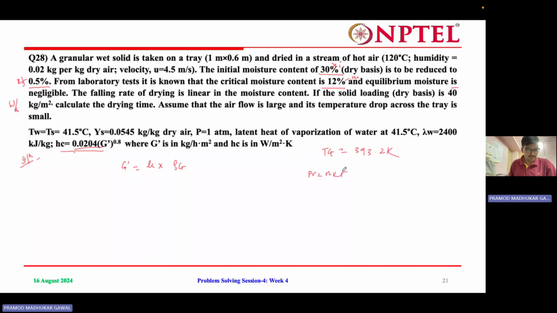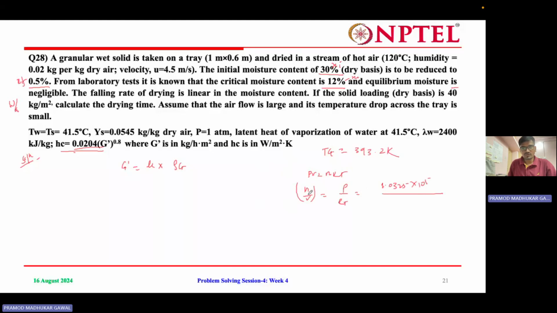Now to calculate the density of air based on the ideal gas law, PV is equal to nRT, so density is P by RT. 1 atm is converted into Newton per meter square, 1.01325 into 10 raised to the power 5.